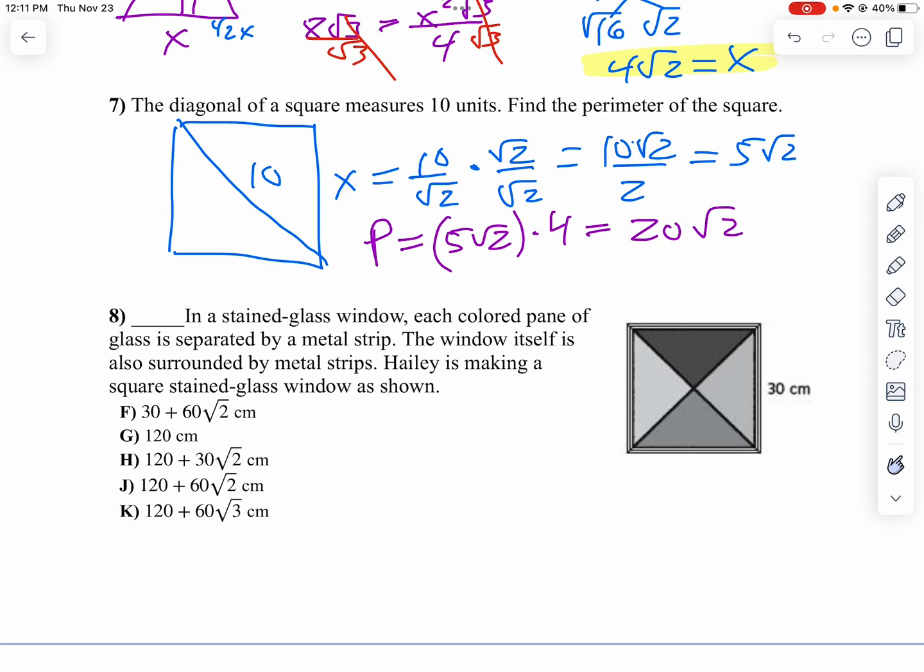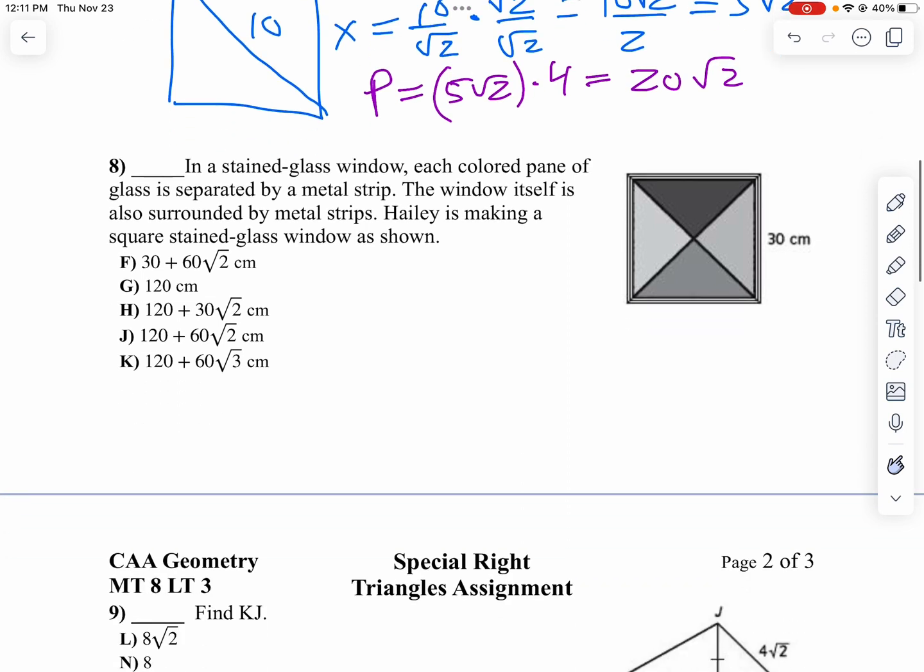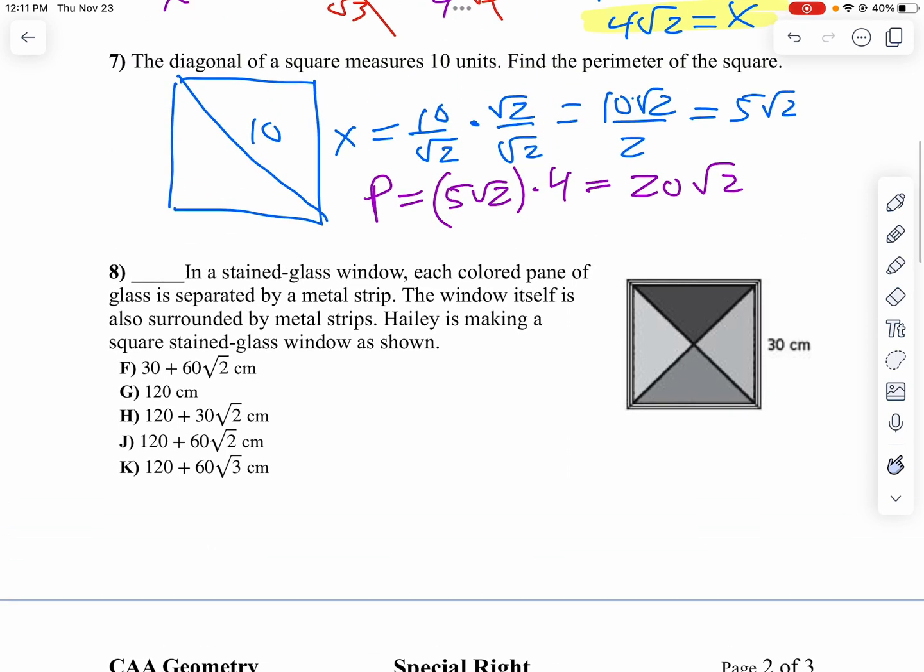So Haley is making a square stained glass window as shown. And then we want to find the length of the metal strips. Well, I know each one of these is 30, don't I? So I automatically can see it's going to be something with 120.